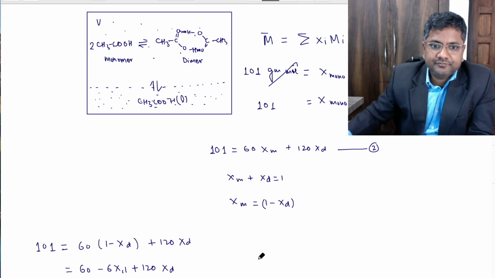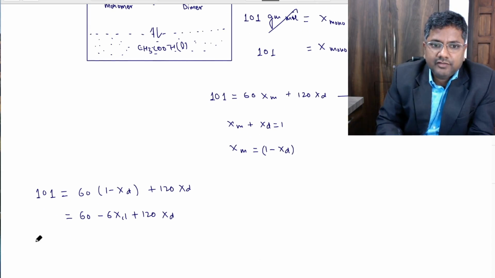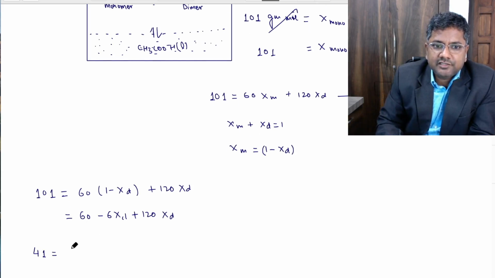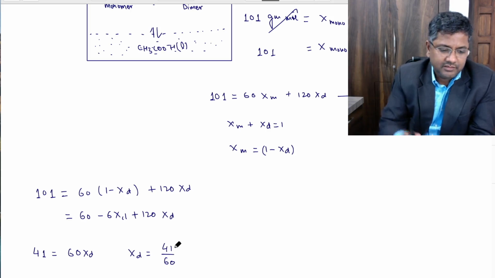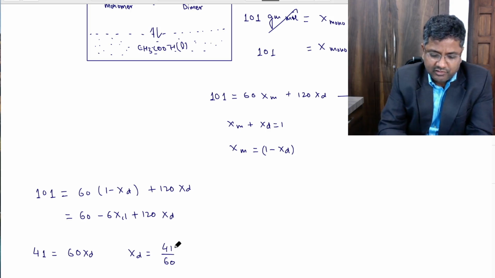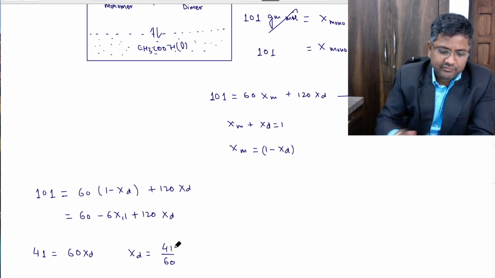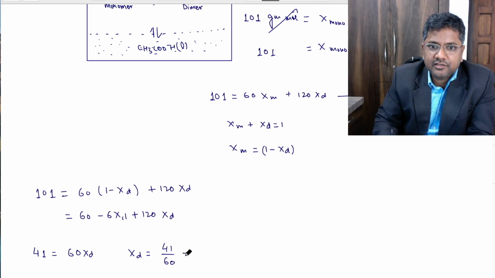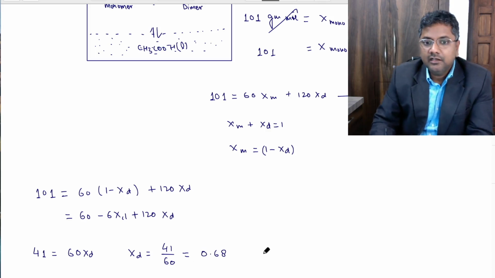So we can write 41 is equal to 60 x dimer. So x dimer is equal to 41 by 60, which is 0.683.